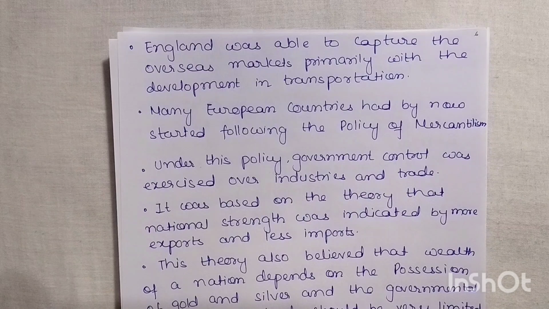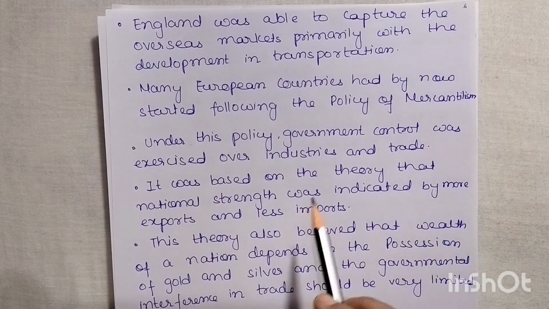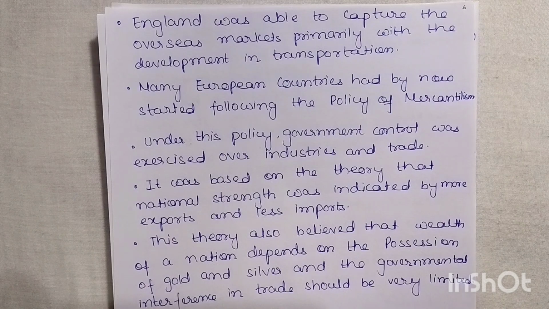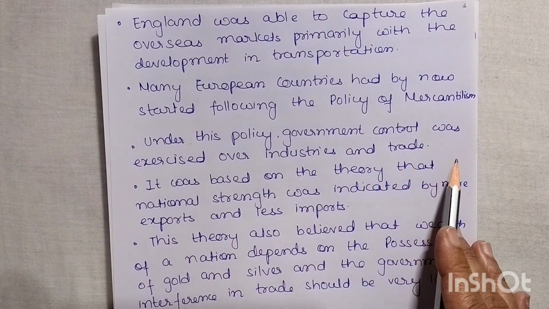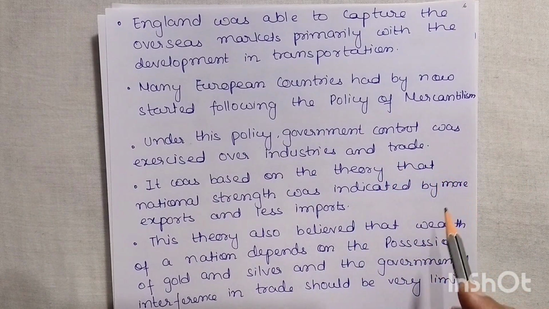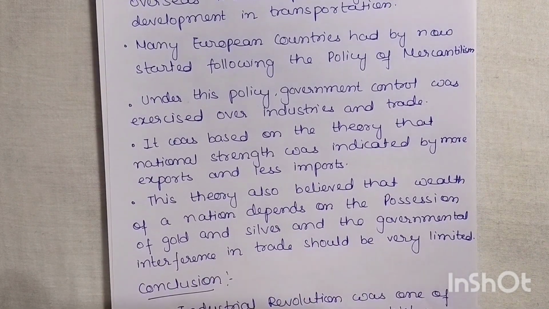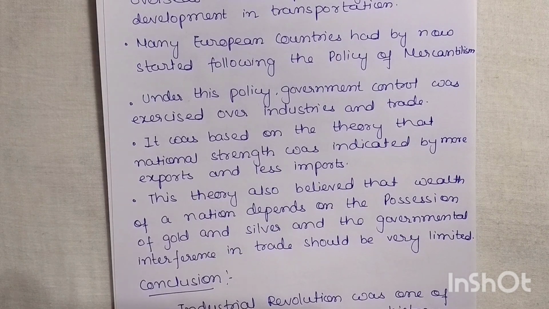So that is the policy of mercantilism. Under this policy, government control was exercised over industries and trade. It was based on the theory that national strength was indicated by more export and less import.